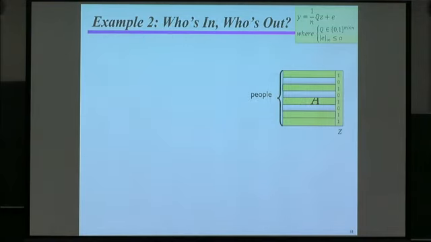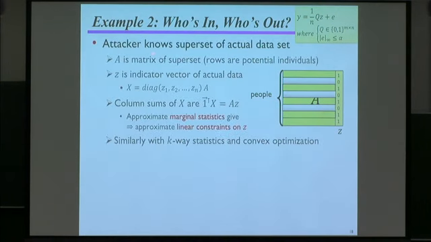A different flavor of example is where you've got an attacker who knows a superset of the data. Imagine that a superset of the data set is known to an attacker, and all they're interested in is figuring out which rows of this bigger data set are present in your secret, sensitive data set. In that case, the secret vector Z is basically just an indicator vector for the actual data: my secret bit is 1 if I'm actually in the data set, and 0 otherwise.